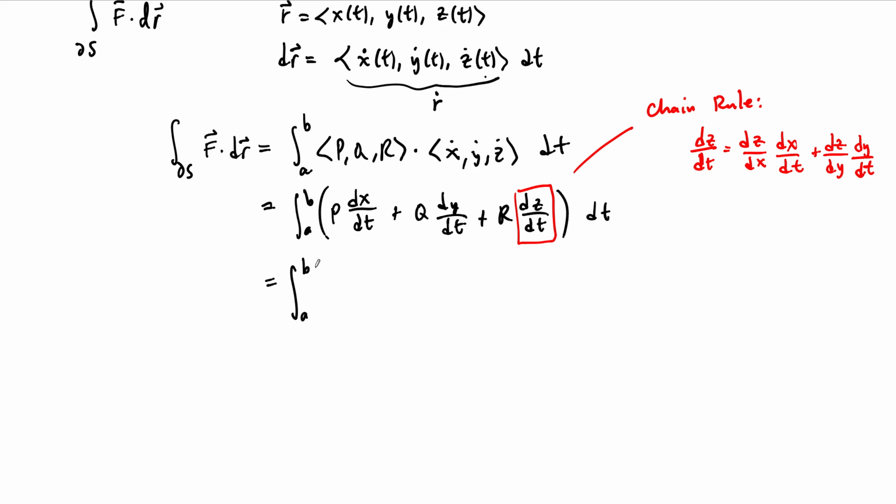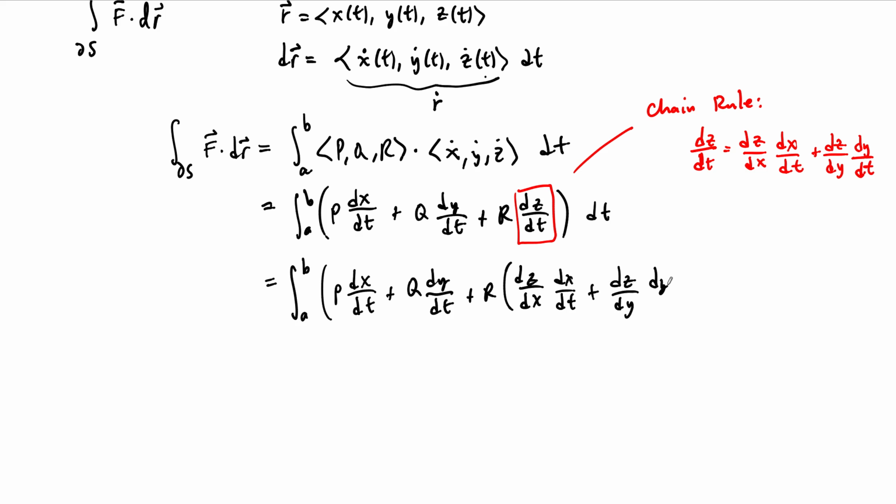This becomes the integral from a to b of P dx/dt plus Q dy/dt plus R times, substitute all this in, dz/dx dx/dt. You can see what's going to happen here. We're going to regroup this. dz/dy times dy/dt, all still integrated up dt.